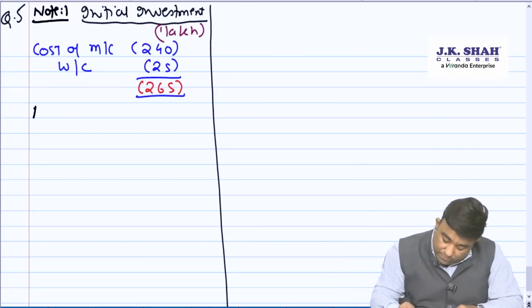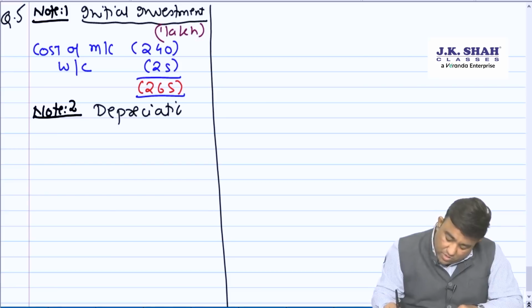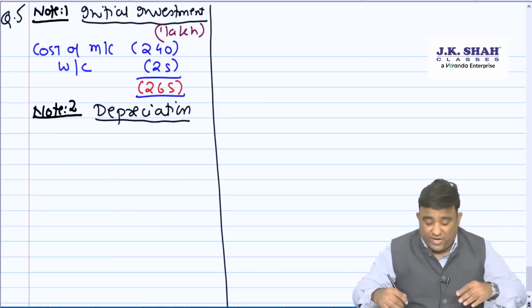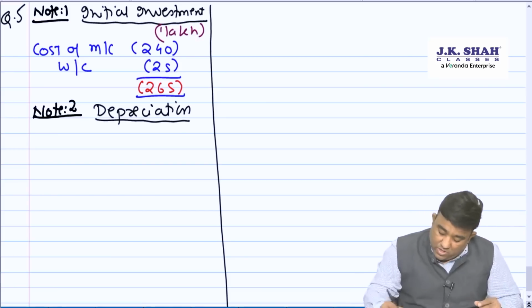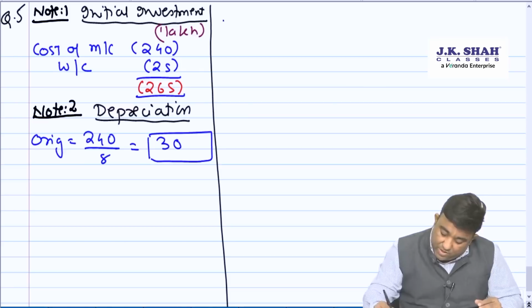Note number 2, that is computation of depreciation. There are 2 machines. So original, it is 240 with a life of 8 years. The depreciation is going to be 30 lakh. But which 8 years? This is going to be 1 to 8.